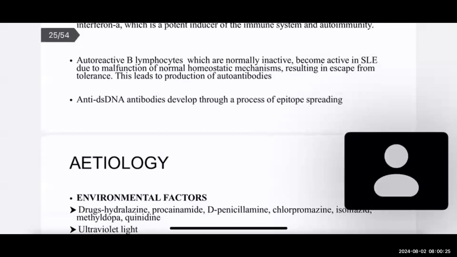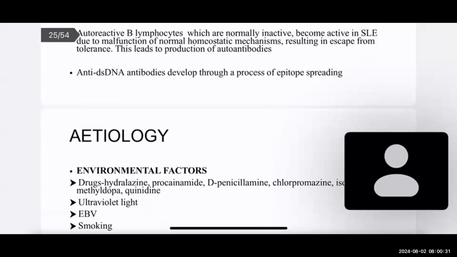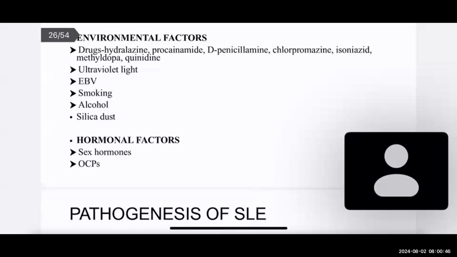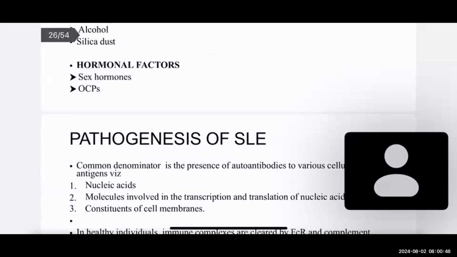At the same time, it also activates autoreactive B lymphocytes, and this leads to production of a lot of autoantibodies that we see in patients who have SLE. The environmental factors are drugs like hydralazine, isoniazid, methyldopa, quinidine, also ultraviolet light, Epstein-Barr virus, smoking, alcohol, silica dust, and importantly, sex hormones and OCPs have been implicated.